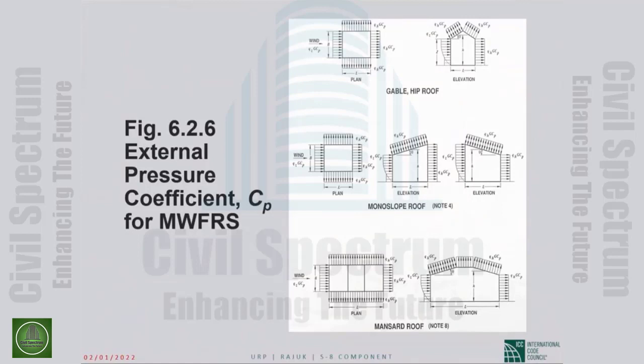I have shown you the fact that we consider variation of wind pressure with height only along the windward face of the building. On all the other faces, irrespective of roof shape, we have constant suction most of the time. Sometimes on the windward roof we may have pressure, but all evaluated at the mean roof height level and constant values.